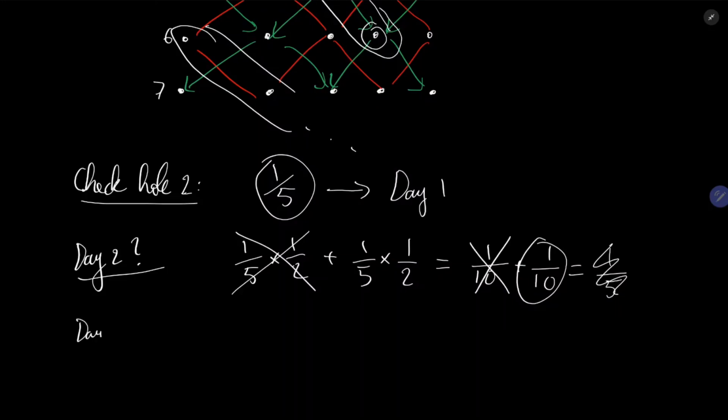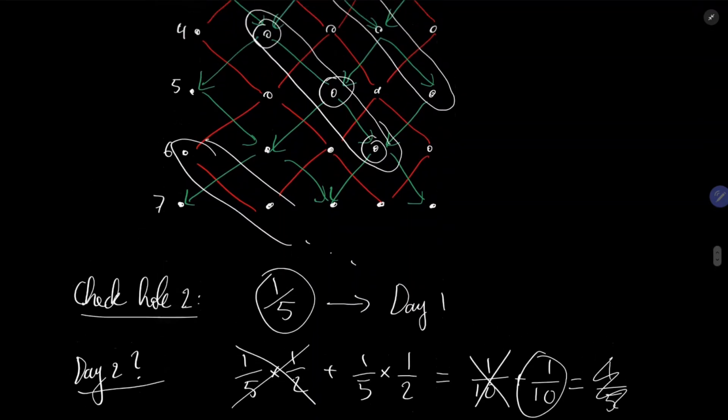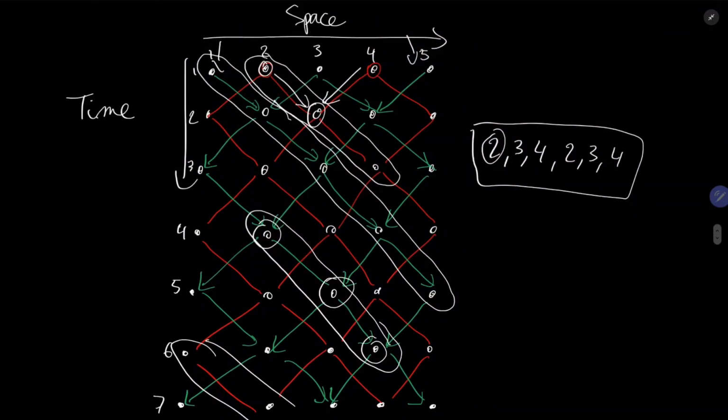What about day 3? Well, let's check all the possible paths and make sure that we were not in the previous hole where we could have caught the fox in day number 1 or day number 2. So to catch the fox in day number 3, we have to be able to catch the fox here.